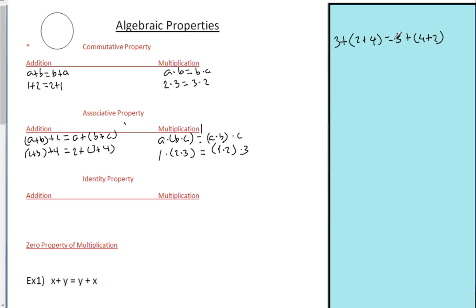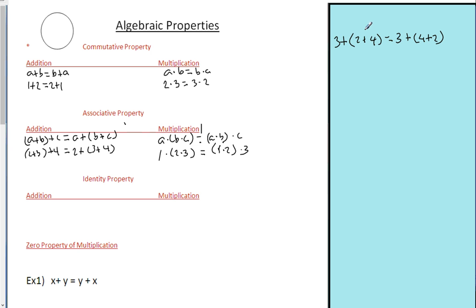Well, some people just look and say, oh, there's parentheses, so it's automatically associative, but they're wrong. Because what you have to do is look at what's in the parentheses. Look here. In this part of the problem, a plus b is in parentheses. But in this part, b plus c is in parentheses. If the stuff in the parentheses changes, it's associative. If the stuff in the parentheses does not change, it cannot be associative. It has to be something else.